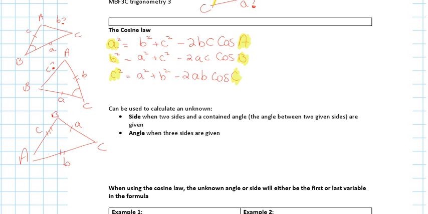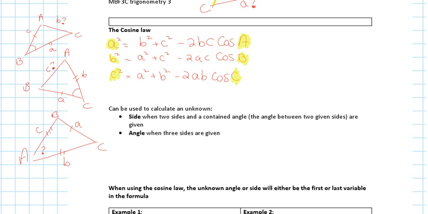What angle do you want to look for? Angle, which one? Doesn't matter. Pick one. Angle A. So let's say we want to look for angle A. Okay? Which means I have to isolate for this because this is where angle A is. The formula becomes the following.